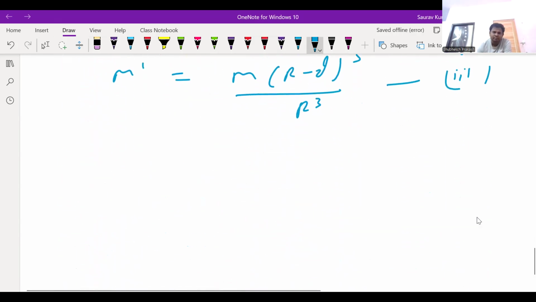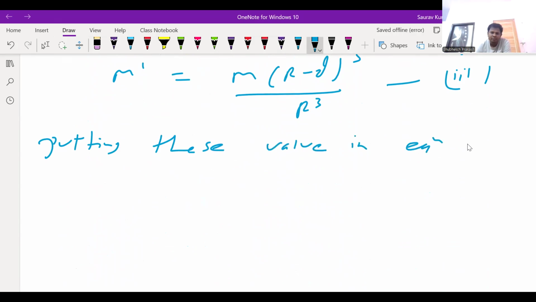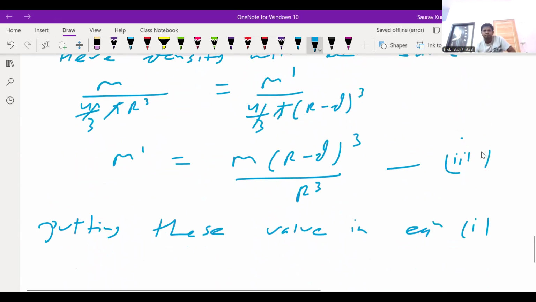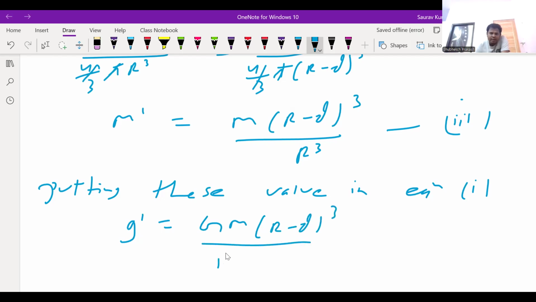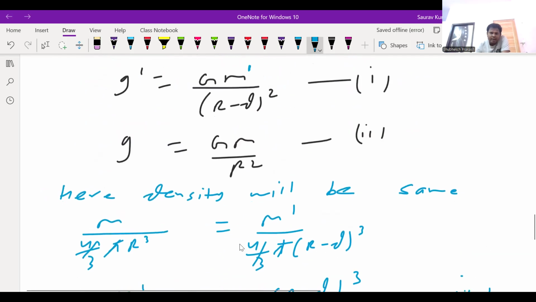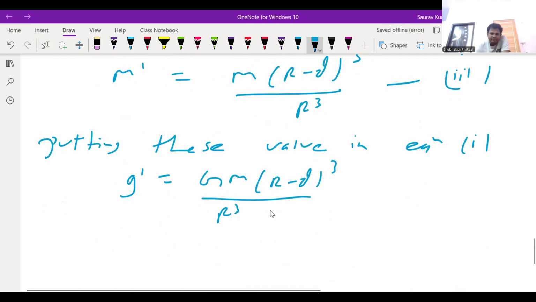Now put this value in equation 1. Putting this value in equation 1, what will we get? g dash is equal to capital G M into R minus d whole cubed by R cubed, and what is the denominator?